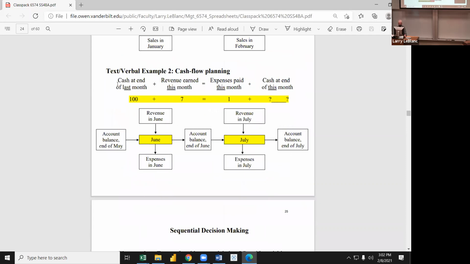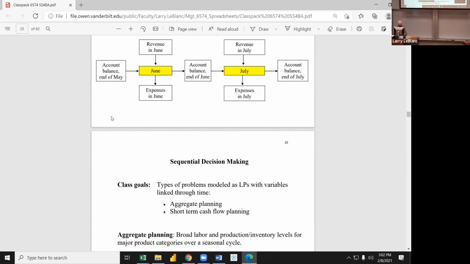Cash flow example, cash at the end of last month is 100 plus revenue earned this month is 7, that's 107 equals 1, the expenses paid this month, plus how much cash is left over at the end of this month? 106. And again, show the picture. Let's look at the production example first, and then a financial planning problem.